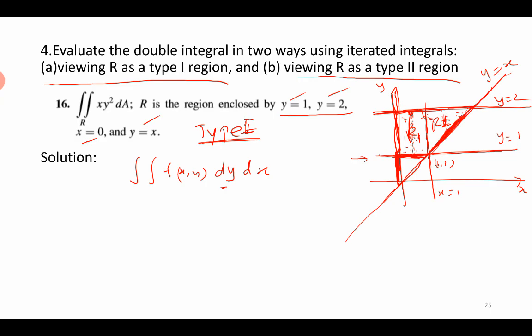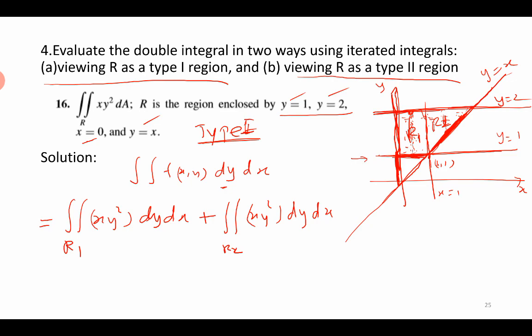So when we want to integrate by the type 1 method, we separate into 2 parts. Double integral over region 1, x y square is the function, and we know type 1 will start with dy dx, plus on the right side another region, double integral over region 2, x y square dy dx.